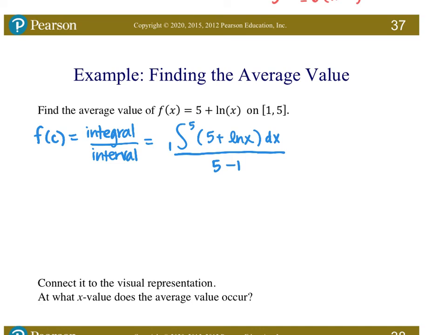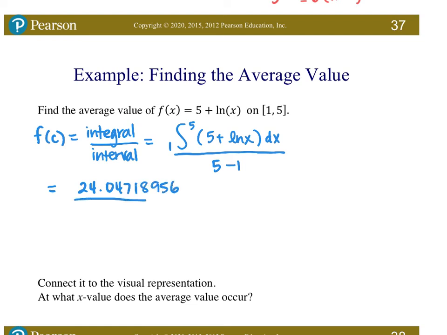All right, this one is going to be a calculator active problem, so we can use Math 9 on this to solve our integral. And so you'll grab your calculators, you'll do your Math 9 from 1 to 5 of 5 plus the natural log of x, which gives us an irrational number that we're going to have to round, 24.04718956.